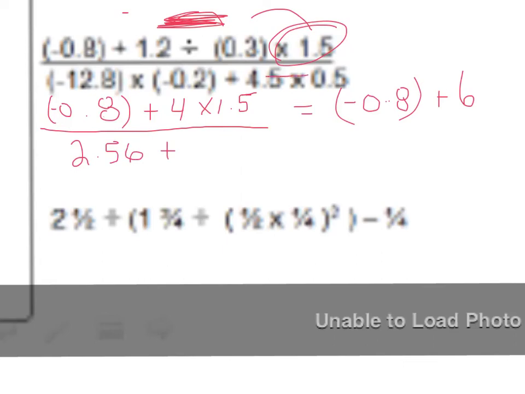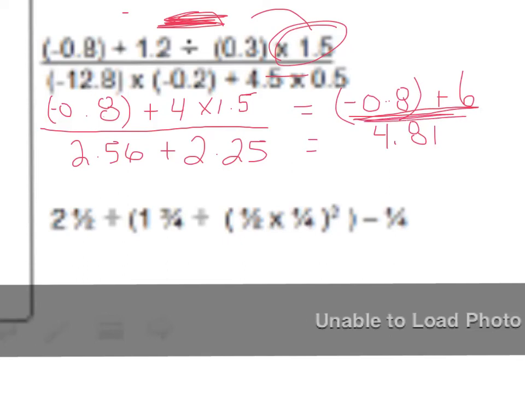So 4.5 times 0.5, and I get 2.25. The next step is add those together. So it's 2.56 plus 2.25 is 4.81. Okay, so that's the bottom.